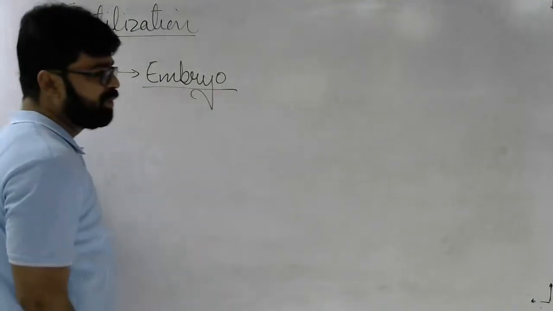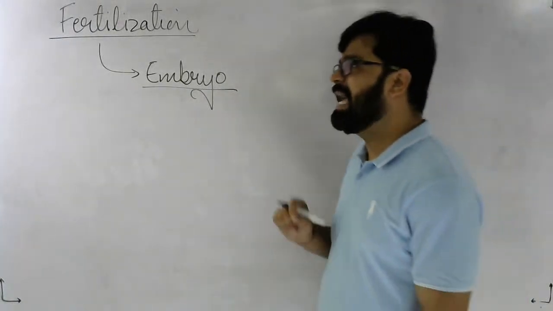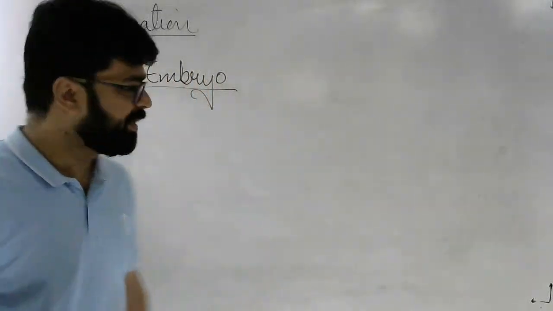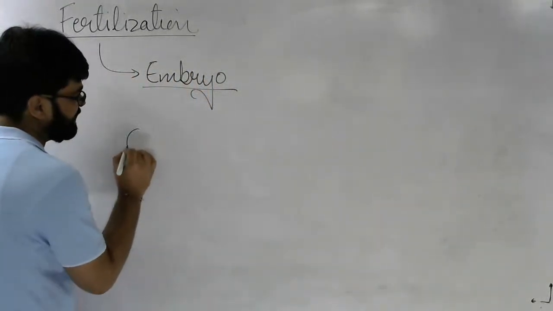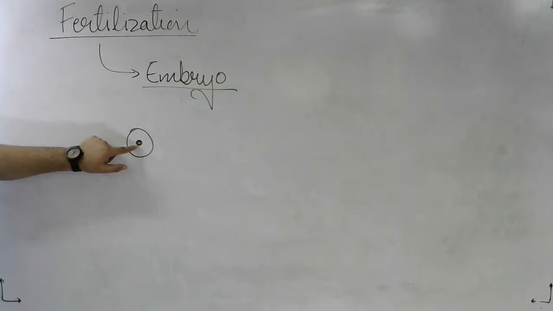Development of embryo. I have told you that by the fusion of first male gamete and egg, zygote is formed. So your first cell of the next generation, that is the zygote.